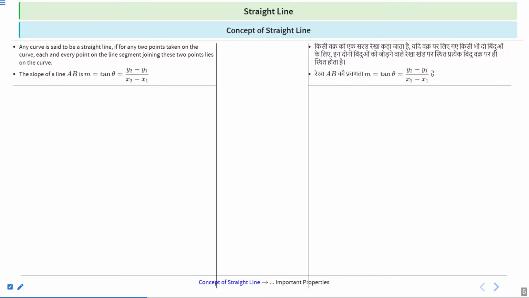Now the slope of line AB: suppose we have a line having 2 points A and B, where the coordinates of A are x1, y1 and the coordinates of B are x2, y2, right? So the slope of line AB will be m, which is equal to tan theta, and it can be calculated as (y2 minus y1) upon (x2 minus x1). Got it? So tan theta is equal to (y2 minus y1) upon (x2 minus x1), right?